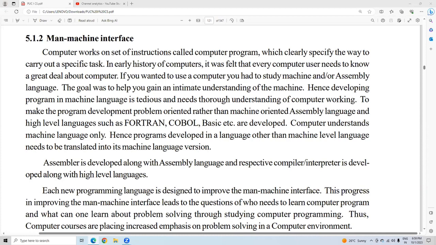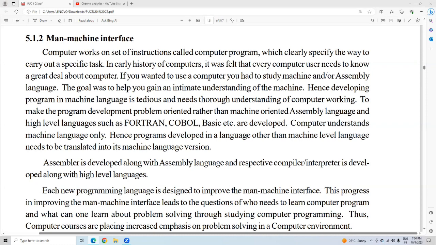In the early history of computers, it was felt that every computer user needs to know a great deal about computers. That is, they needed to learn machine language or assembly level language. And all of you know very well that to learn these languages, one should have in-depth knowledge of the architecture of the computer, right? Only by knowing the architecture of the computer can you learn machine language easily.